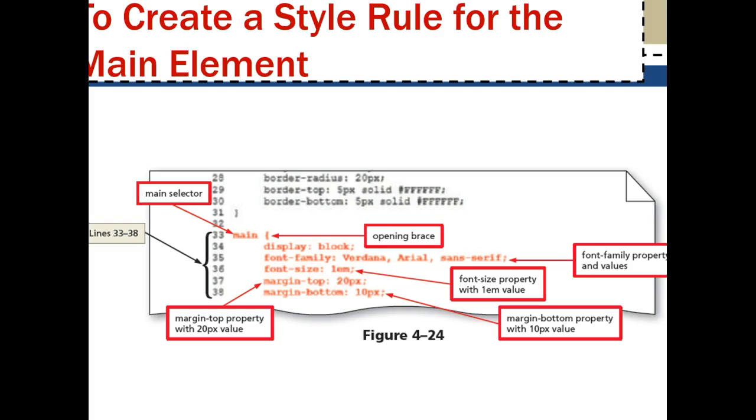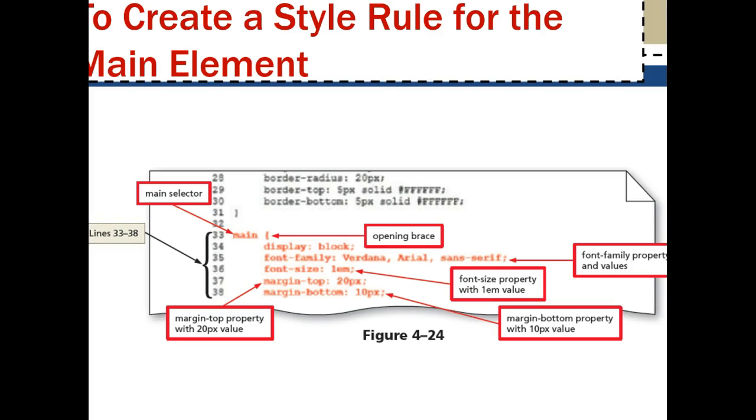The first declaration is basically to add the style rule for the main element that sets the display property to block. Why is that? Internet Explorer 9 to 11 treats the semantic HTML5 main element as an inline element, again not as a block.